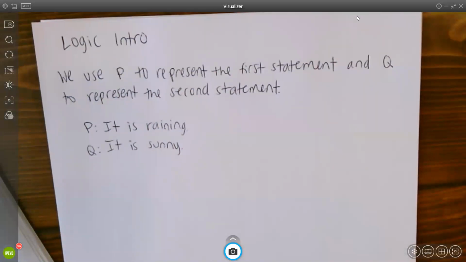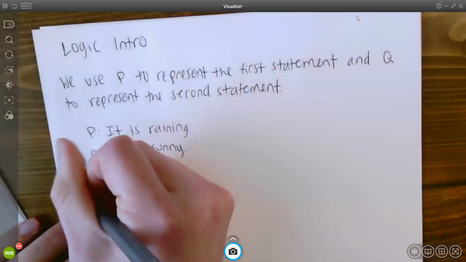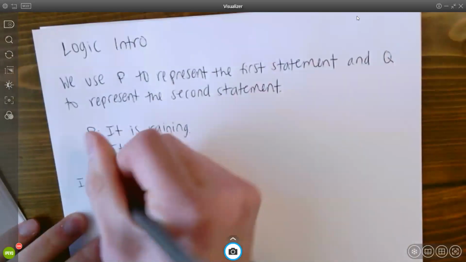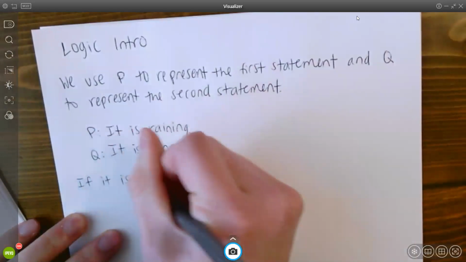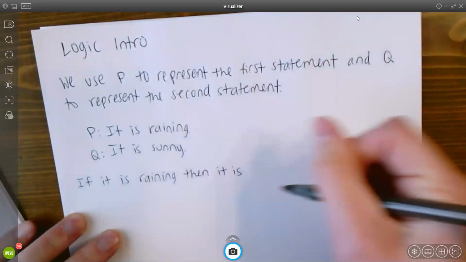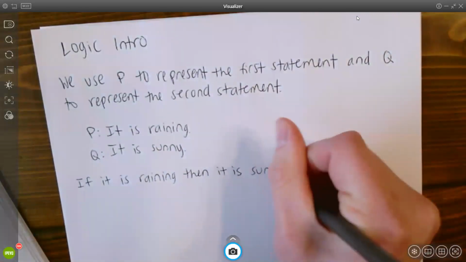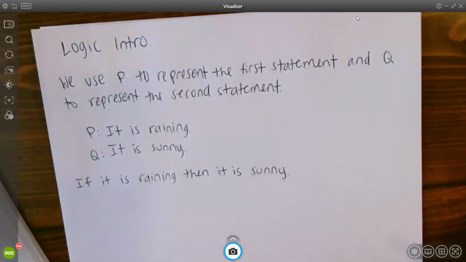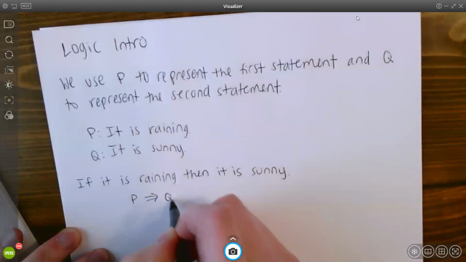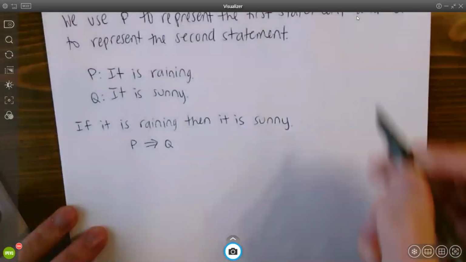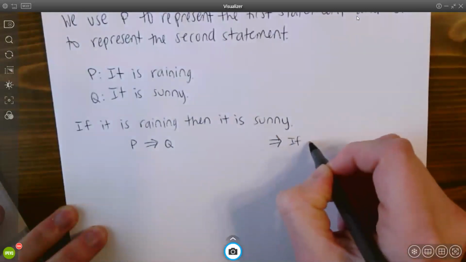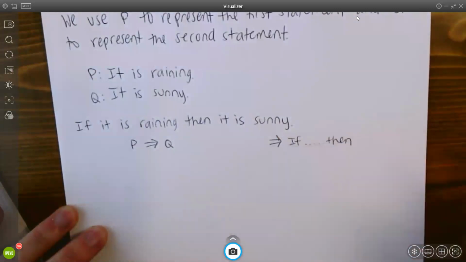So if we want to represent, let's say, if it is raining, then it is sunny, I can represent that symbolically by putting P, an arrow like this, and then Q. So this symbol here represents if-then statements.